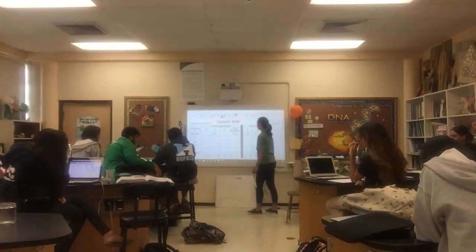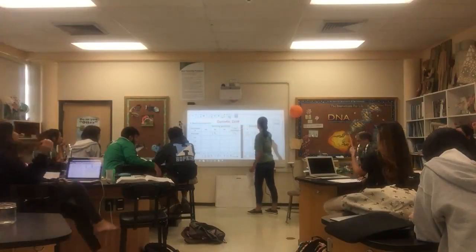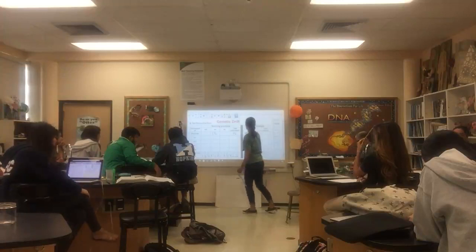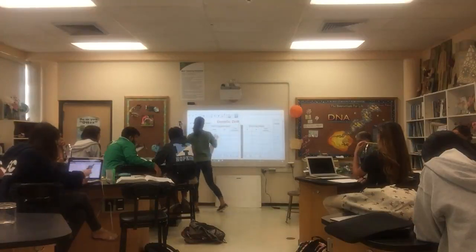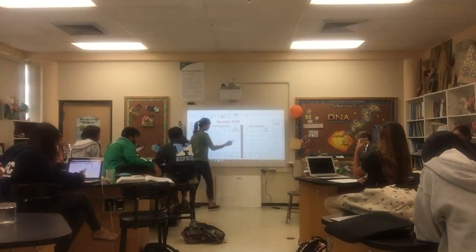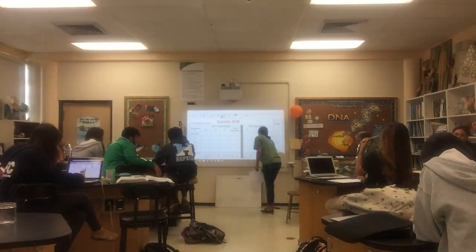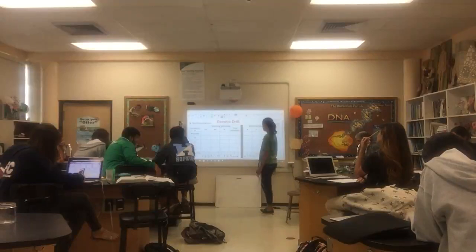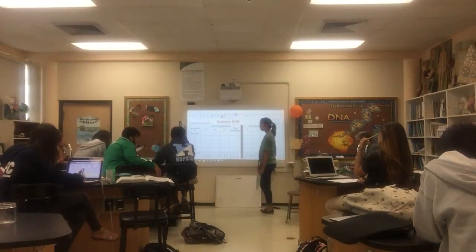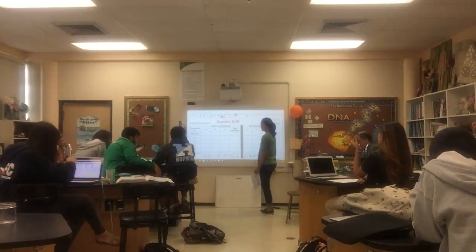Okay, group 2. 1 dominant. And then 7. Or 52. And then it's 6 and 6.